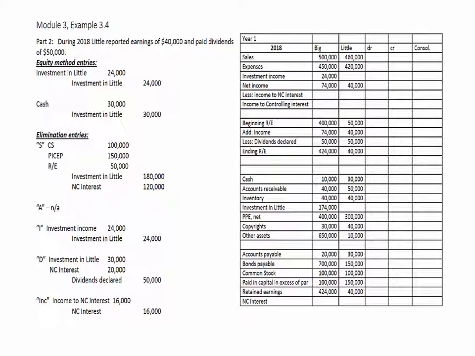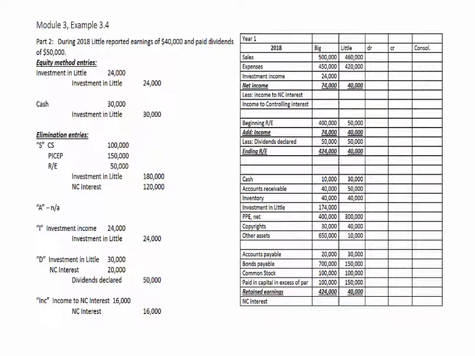And again, we bring in our consolidation worksheet. Now I want to stress that this consolidation worksheet is nothing more than the trial balance of Big and Little recast into a different format. Of all of this stuff on this worksheet, the only stuff that's not directly in the trial balance are those things in bold italics that are underlined: net income, income, ending retained earnings, and retained earnings from the balance sheet.